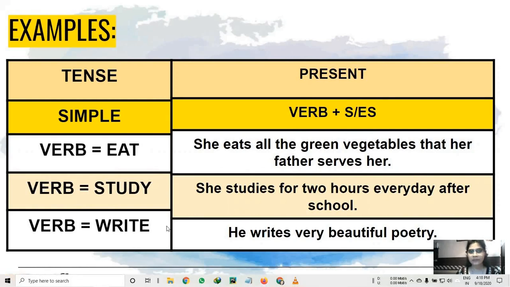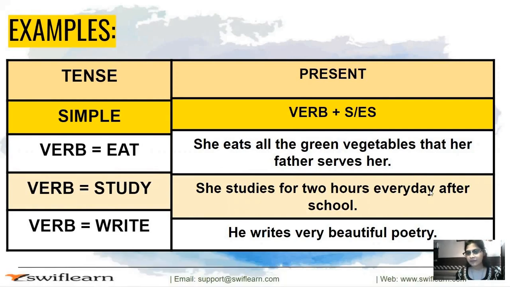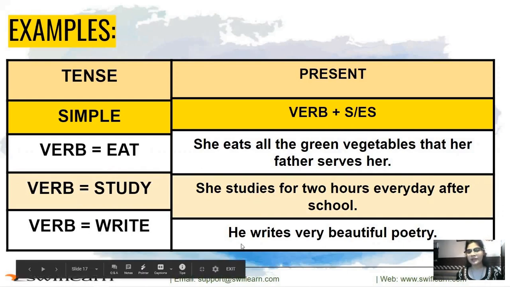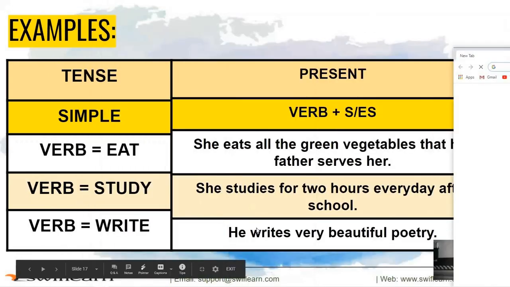In second, study: she studies for 2 hours every day after school. Here we use es with the verb studies. Say, write. He writes very beautiful poetry. He writes, yes, very beautiful poetry.